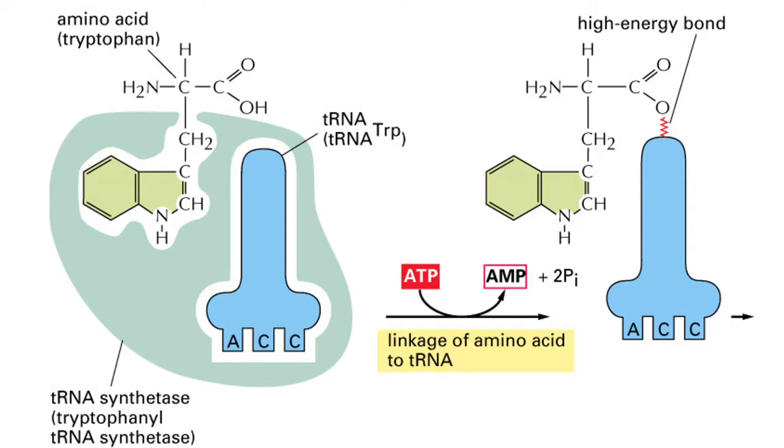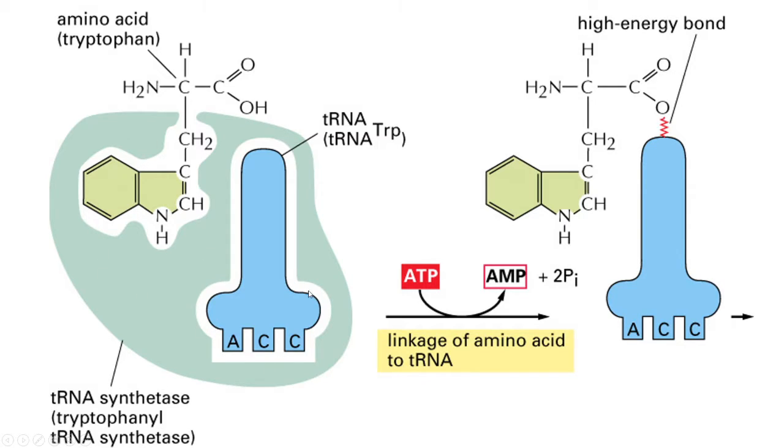Each tRNA is charged with its specific amino acid by an aminoacyl tRNA synthetase. For example, this tRNA will take tryptophan. This is tryptophan and this is the enzyme.